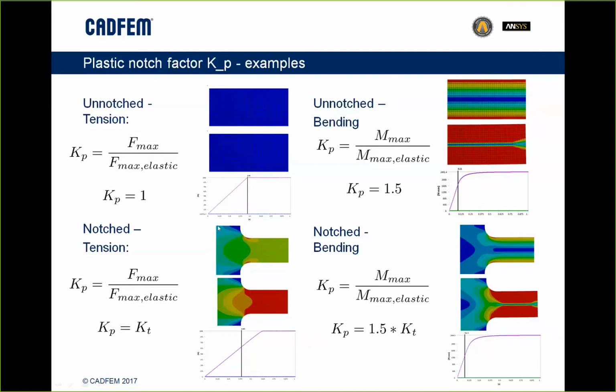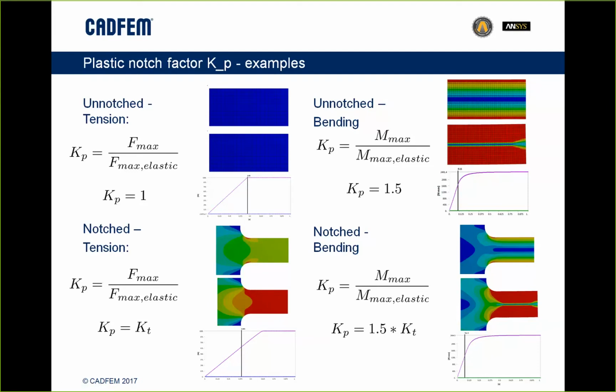What we have here, for example, is a notch structure, and I simply put some tension on it. When I put on tension, it starts to plastify here. Now I have a material model that is linear elastic ideal plastic. So when it starts to plastify, when I reach the yield, there will be no stress higher than yield.